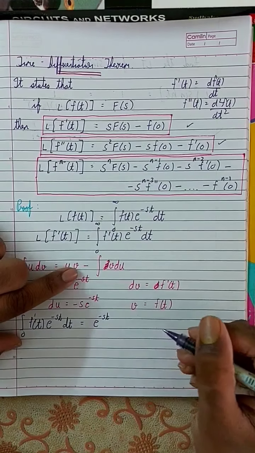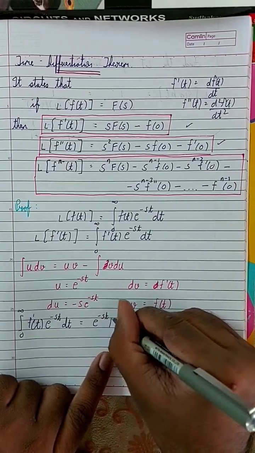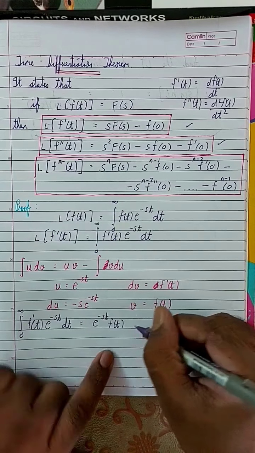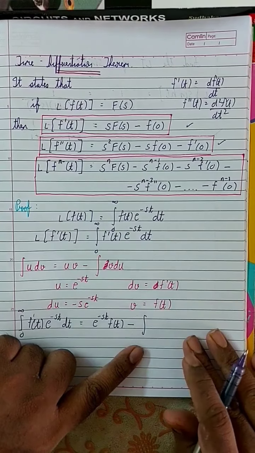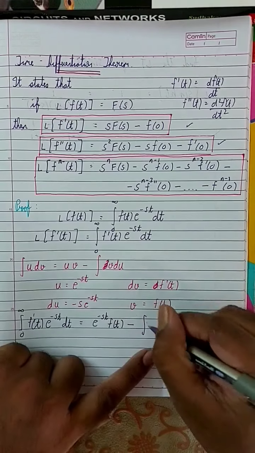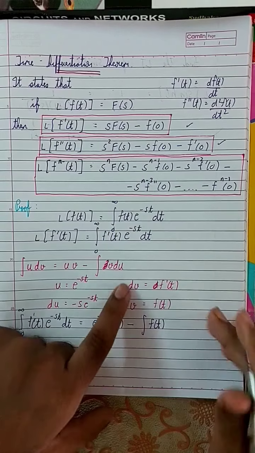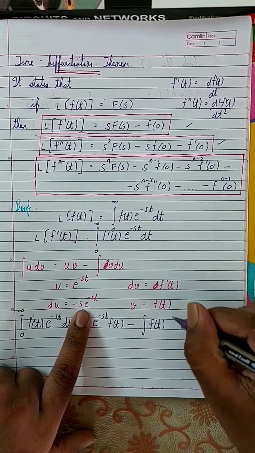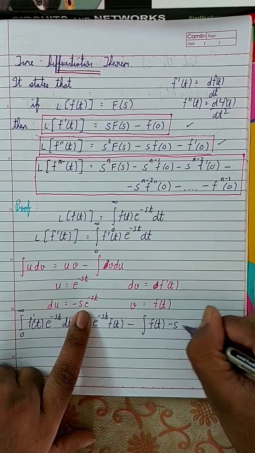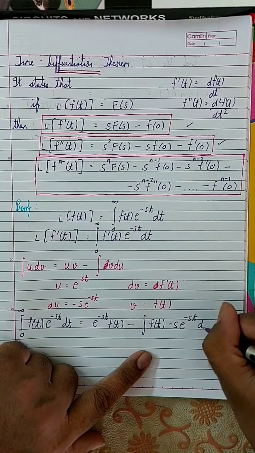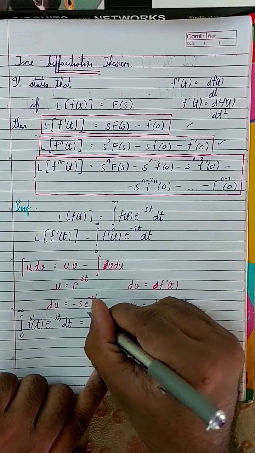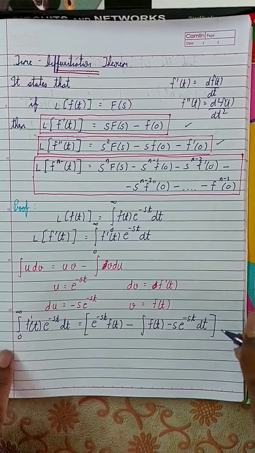What is v? f(t). Minus the integral of v, which is f(t), and du, which is minus s e^(-st) dt, with the limits from 0 to infinity.